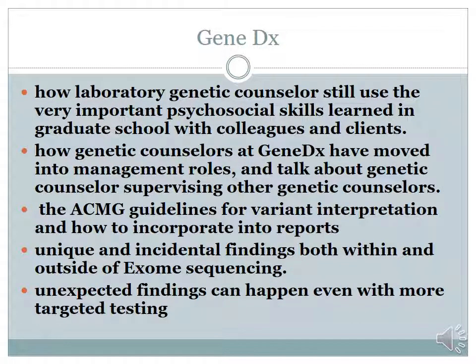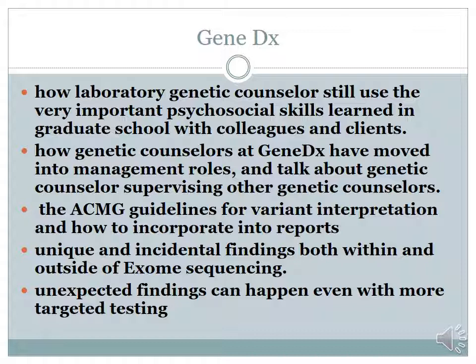You will also learn how the laboratory genetic counselor uses very important psychosocial skills that you're going to learn here in graduate school, and how the genetic counselors at Gene DX have moved into management roles, and talk about genetic counselors supervising other genetic counselors. And you will be going through the ACMG guidelines for variant interpretation and how to incorporate them into the reports that you will be writing.